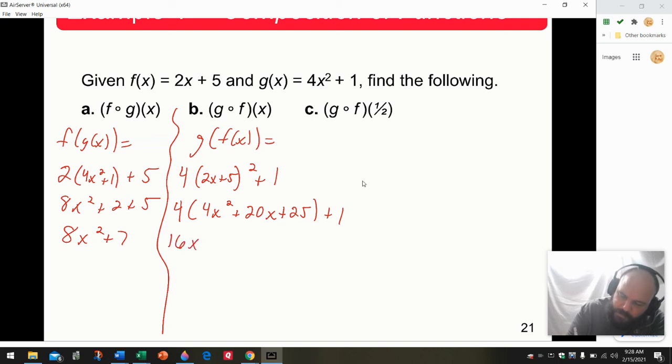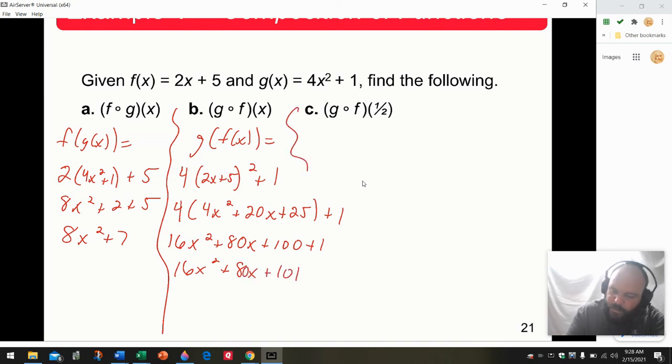So it becomes 16x squared plus 80x plus 100 plus 1. And the last thing to do is to add up our two like terms right here, 101. So it'll be 16x squared plus 80x plus 101. And there's our final answer for part B.